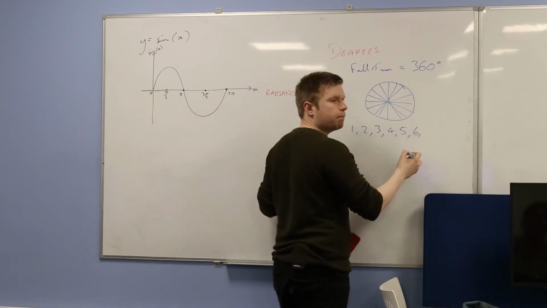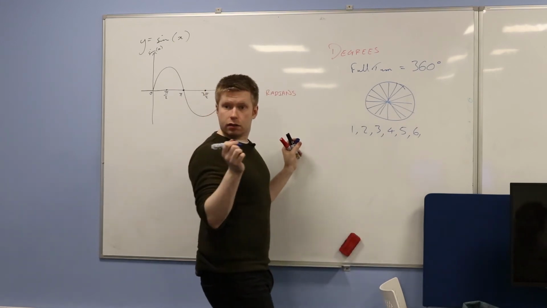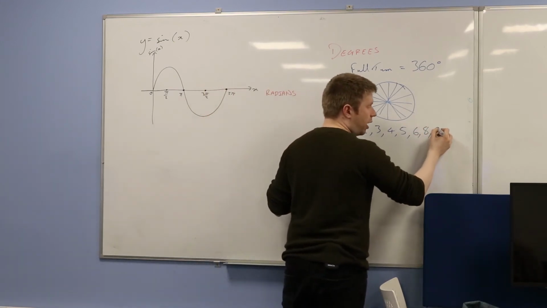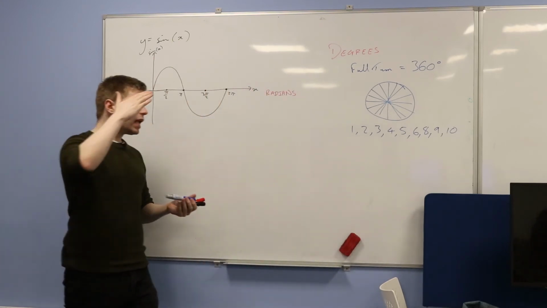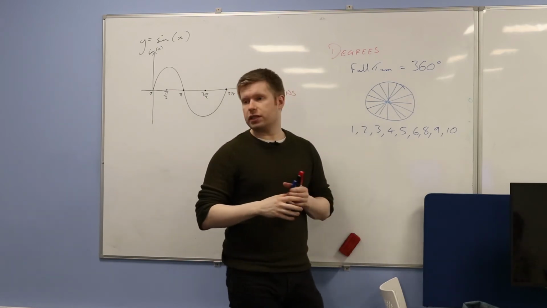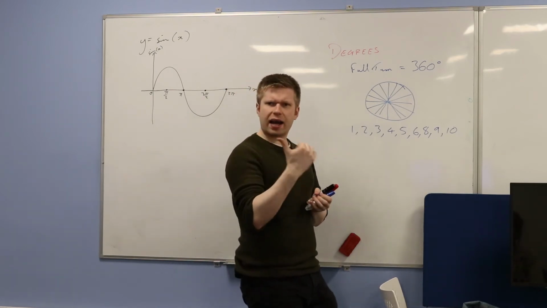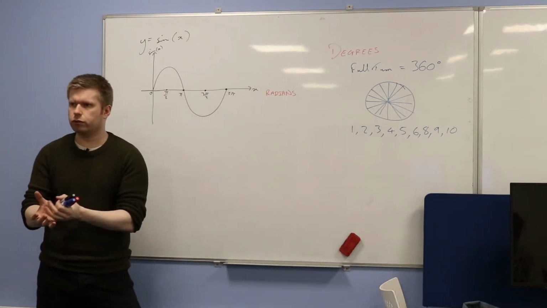What about 7? 7 isn't, okay, but 8 is, and so is 9, and so is 10. So actually, if you have a look at the first 10 numbers, every single one of them is a factor apart from 7. Now, why are factors a really important property if we're going to be dealing with angles?